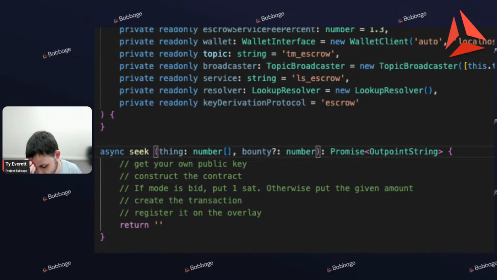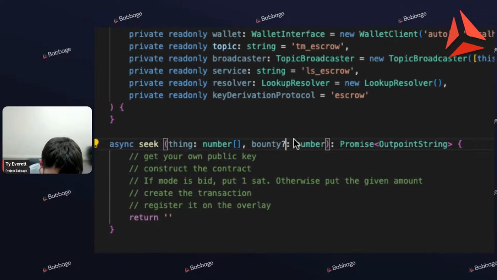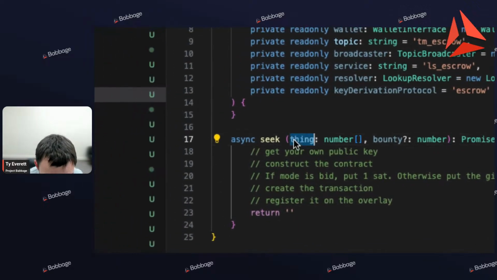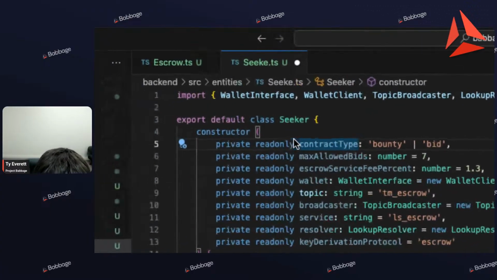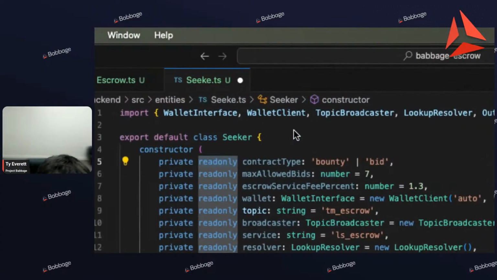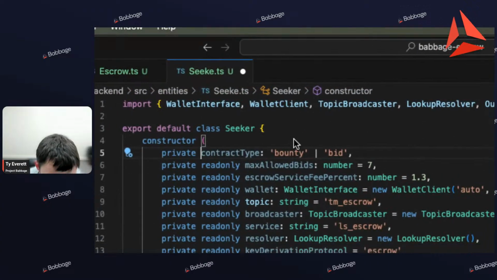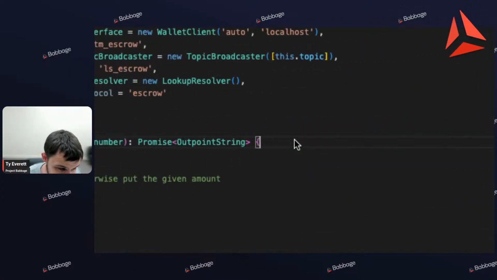Oh, interesting. So the mode becomes bidding if you don't provide an amount. And that means that the mode is not read only. You can write this at the top.